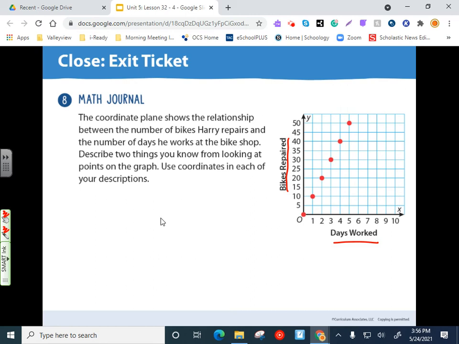Well, let's start with day 1. If he works 1 day, he can repair 5 bikes. So he can repair 10 bikes in 1 day.